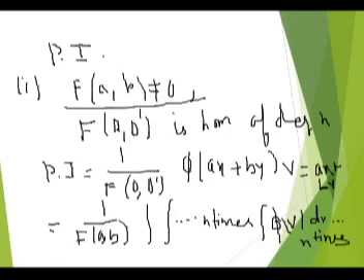So the second condition we will now discuss. It may be for a linear homogeneous equation that f(a,b), which in the first condition is taken not equal to 0, may be equal to 0. In this case, we will operate in another way. How? Then the particular integrals can be found out in this way.